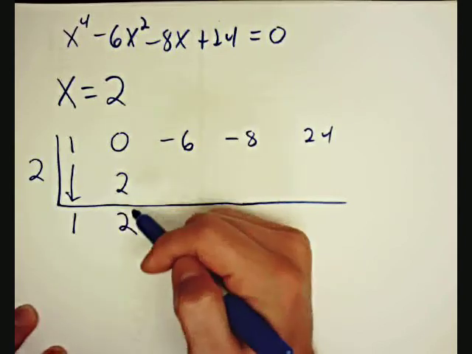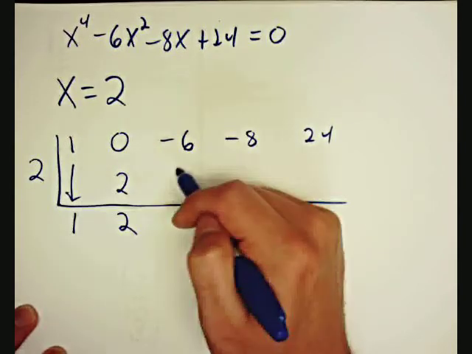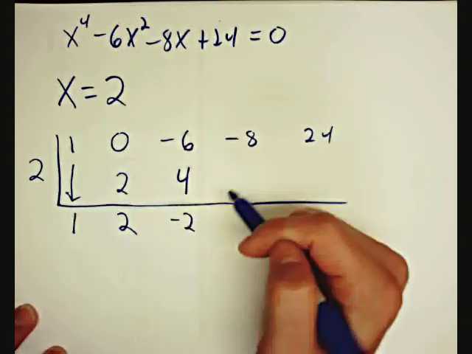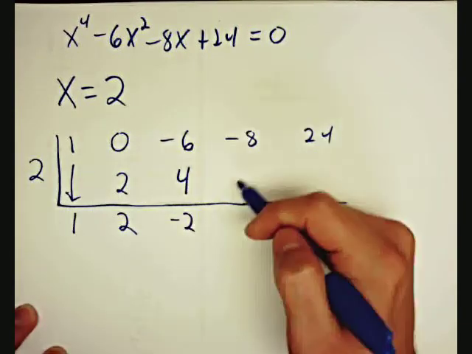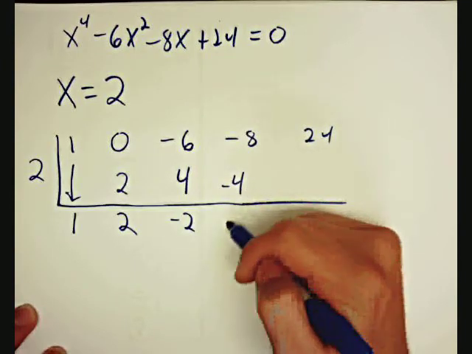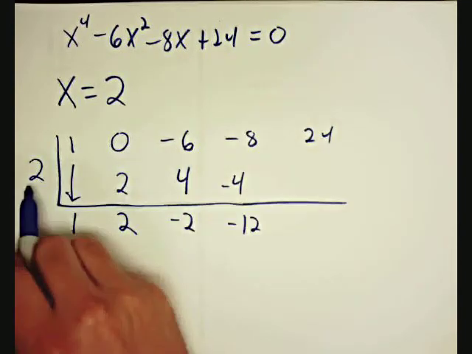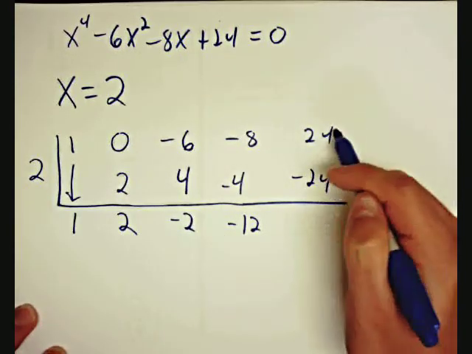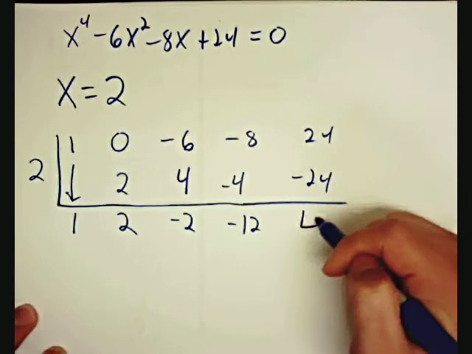Add, we get 2. 2 times 2 is 4. Negative 6 plus 4 is negative 2. 2 times negative 2 is negative 4. Negative 8 minus 4 is negative 12. 2 times negative 12 is negative 24. 24 minus 24 is 0.